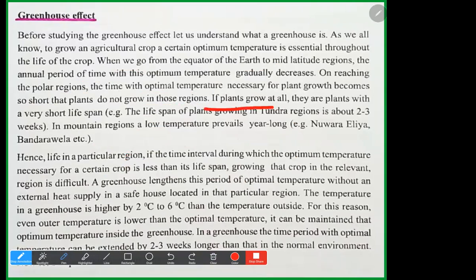If plants grow at all, they are plants with a very short lifespan. For example, the lifespan of plants growing in the tundra region, which is somewhere very close to the North or South Pole, is about 2 to 3 weeks. In mountain regions, a low temperature prevails year long. For example, Nuwara Eliya, Bandarawela, etc.